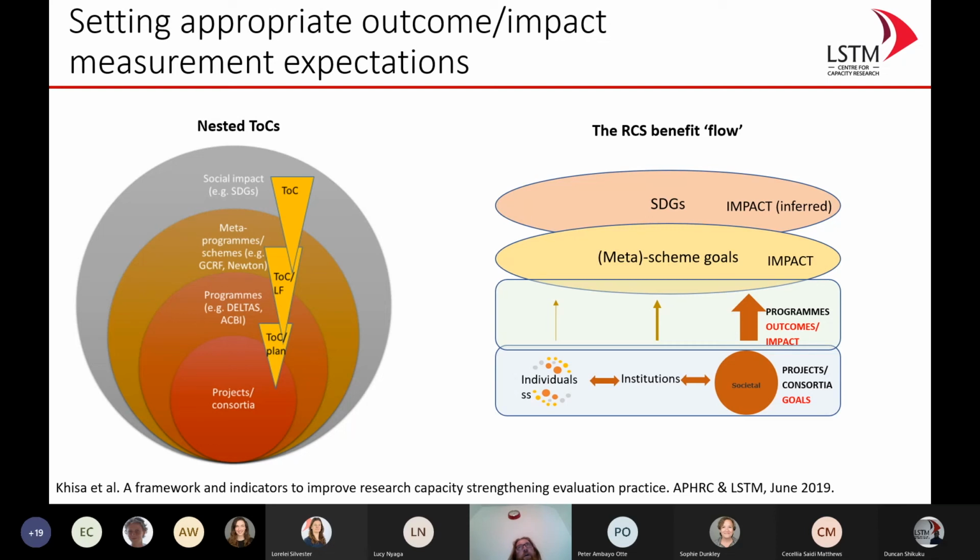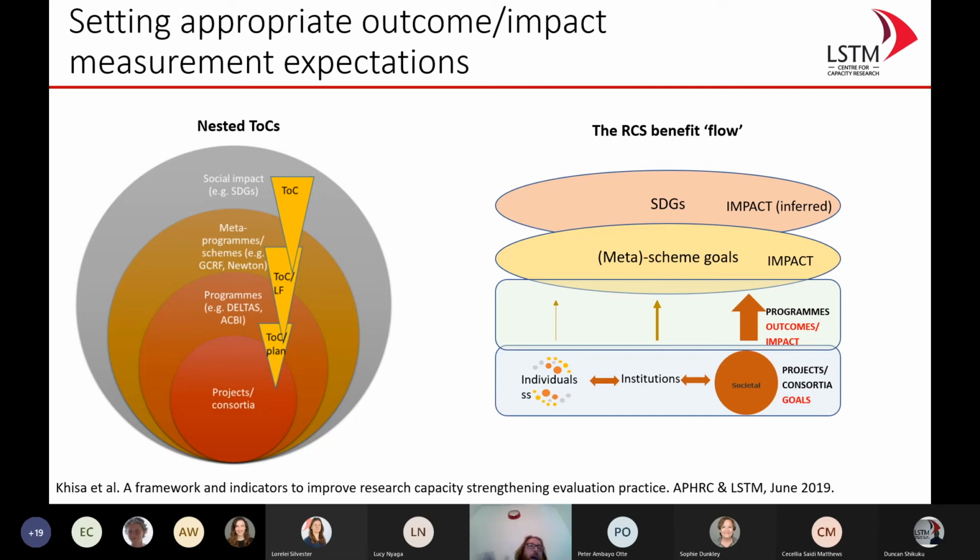So we know that facilitating a significant shift in research capacity strengthening is not something any one project can achieve, or any one program can achieve, certainly not within a short period of time, but it is something that many programs working together over a longer period of time can achieve.